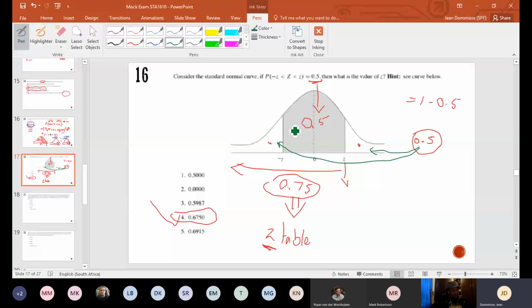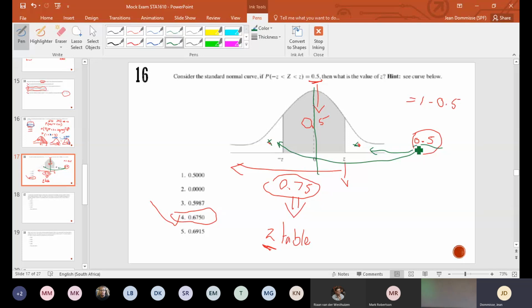Then, because the normal distribution is symmetric, we know this side is just as big as that side. That is Z, that is minus Z. So this area and that area are exactly the same size.